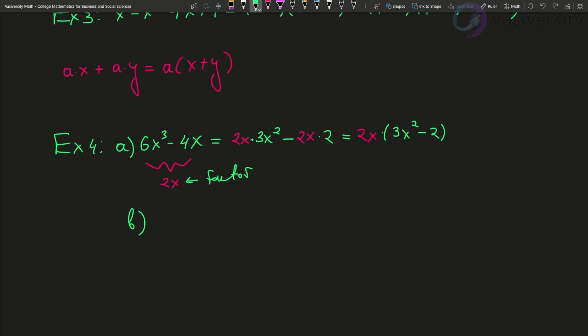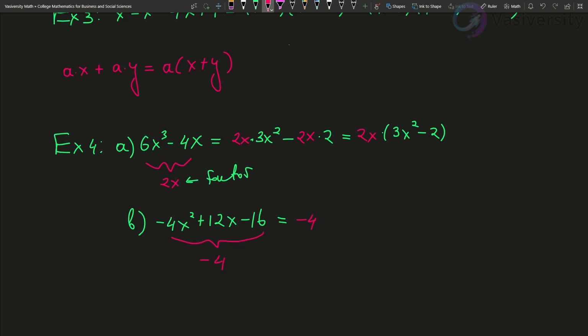So example B. For example, we can have negative 4x squared plus 12x minus 16. Okay, so what can we do here? We can notice that we can factor out a constant. And what constant would it be? It would be -4. So essentially we can have -4 as a constant.